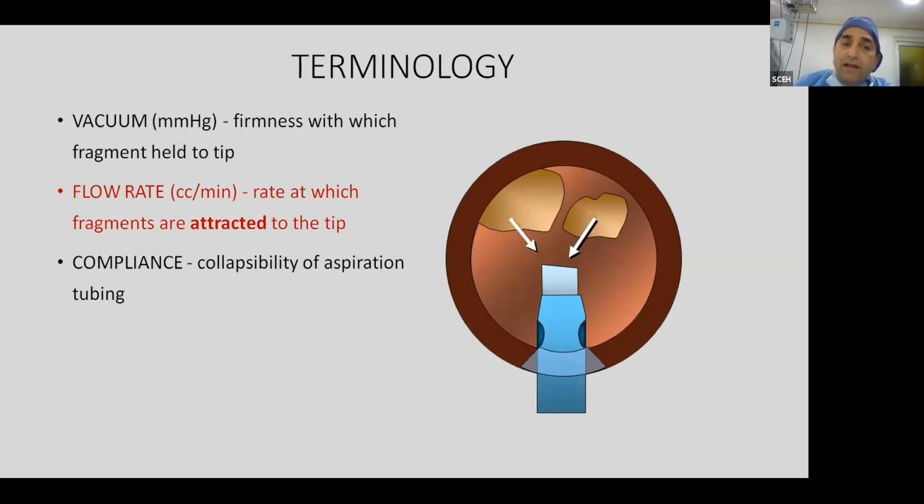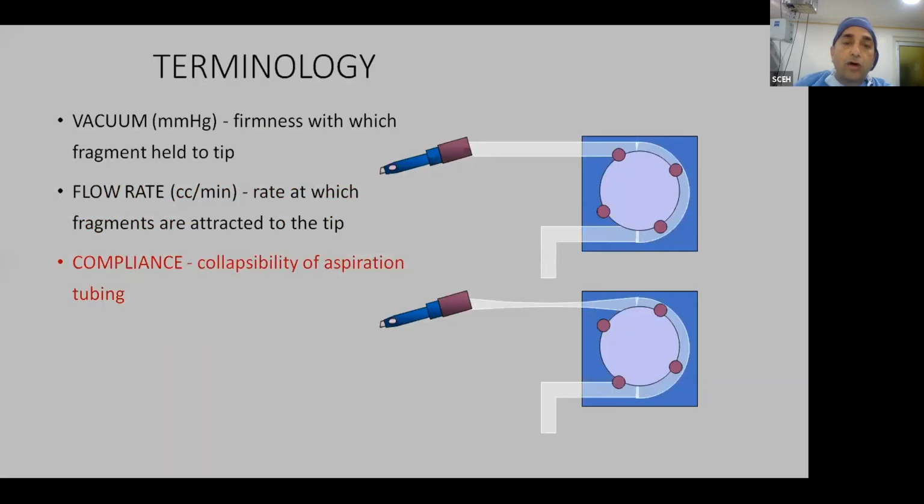Then what is compliance? It's the collapsibility of the aspiration tubing. So as you generate vacuum, when the tip gets occluded, there's vacuum in the tubing. Now that tubing, if it is compressible, it's compliant. A non-compliant tubing will not compress much when there's vacuum in the tubing.